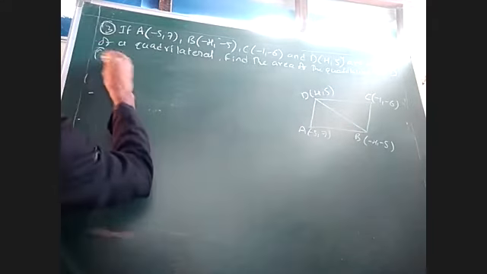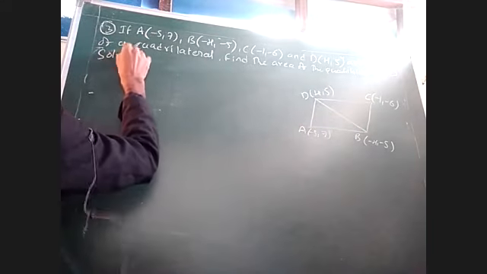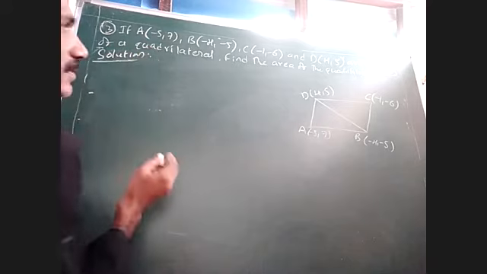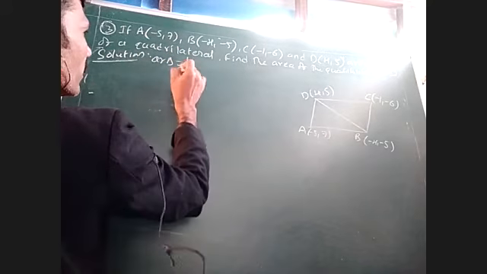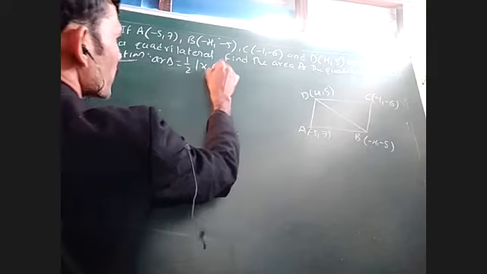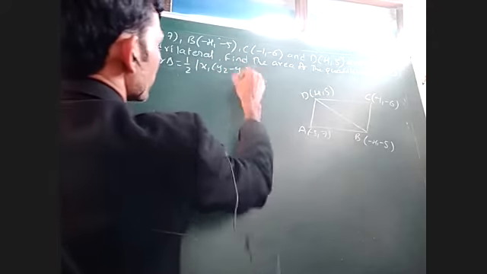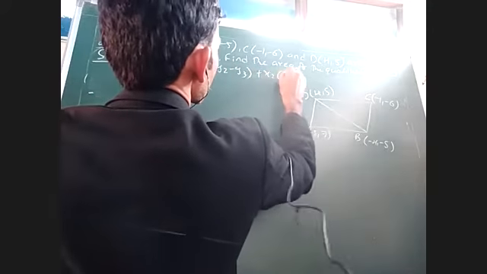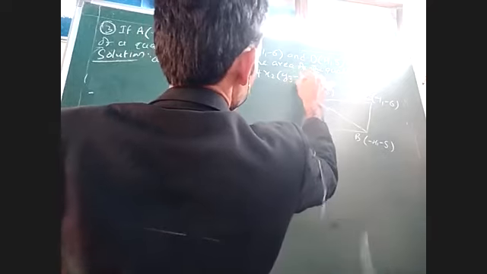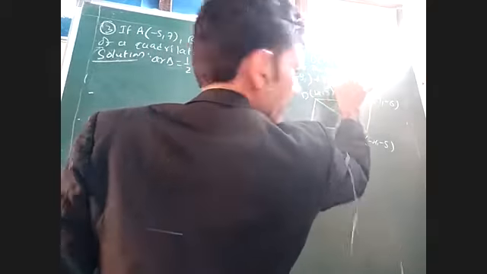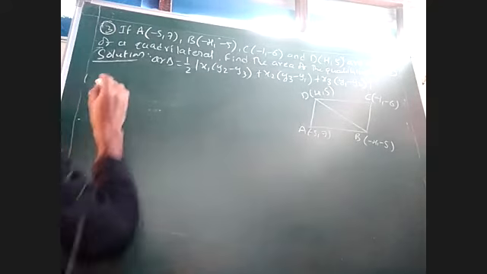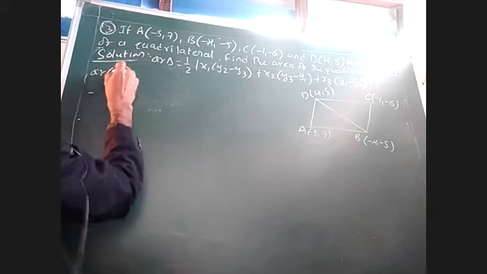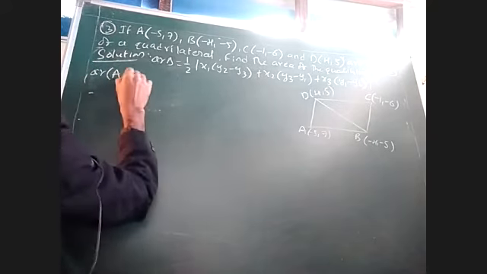Now see, the area of the triangle formula we have to use: half times x1 times (y2 minus y3), plus x2 times (y3 minus y1), plus x3 times (y1 minus y2). First I will find ABD.